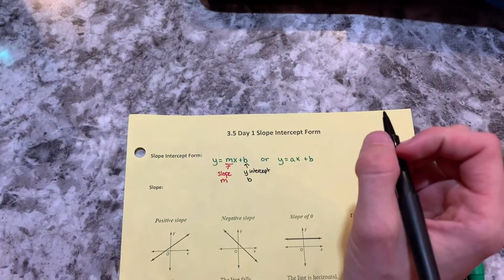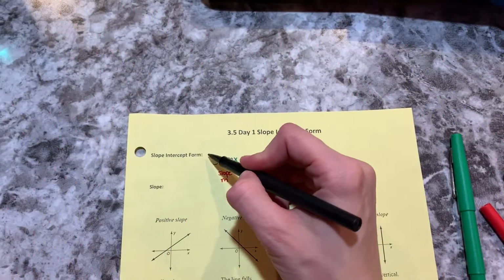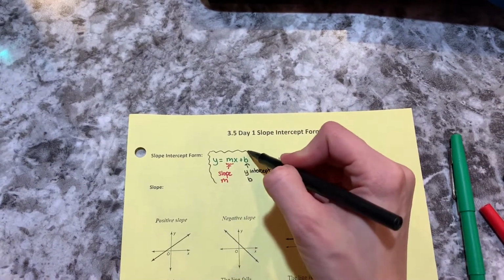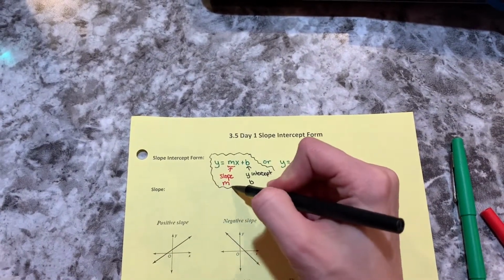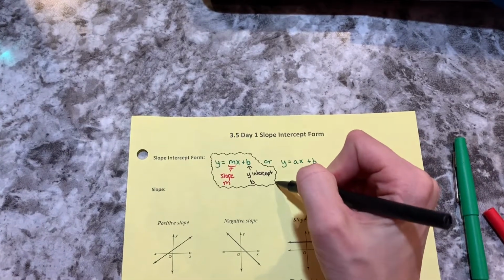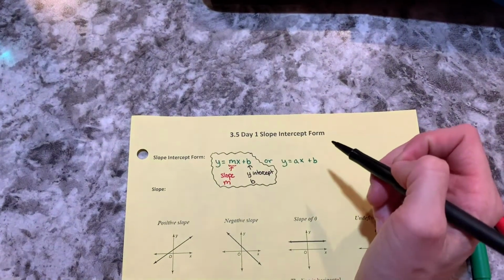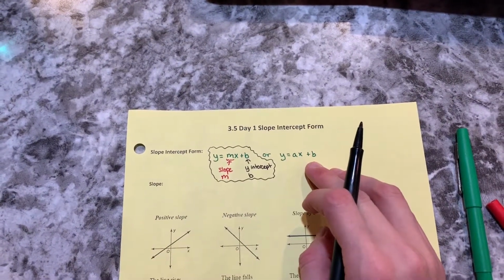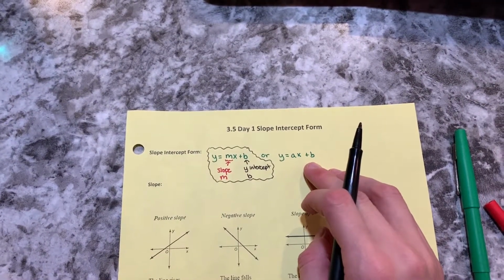That's the b value. Okay, so like I said, you can use either form here, mx plus b or y equals ax plus b. Same thing, I'm just going to stick with this one. But know that if you ever hear y equals ax plus b, they're really talking about the same thing.